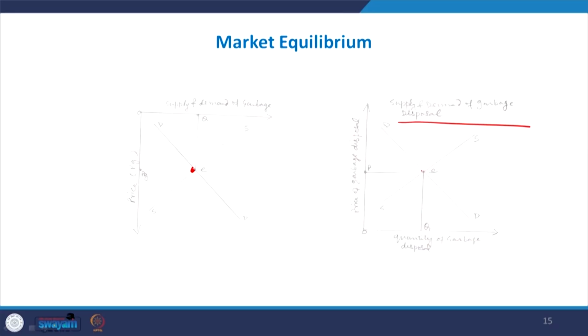So, this is the equilibrium point, and it is called the efficient point or Pareto optimal, because if you move from this point to, say, this point or that point, you can see there is an excess supply, a gap between supply and demand. So, consumer surplus will come down.